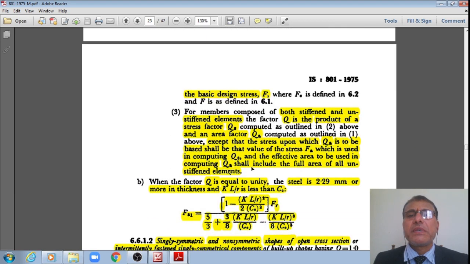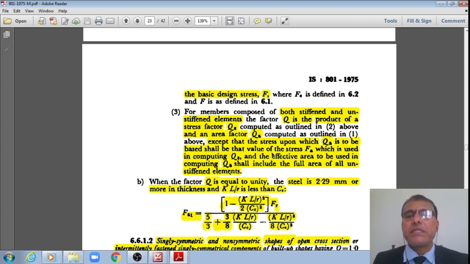Third, for members composed of both stiffened as well as unstiffened elements, the factor Q is the product of the stress factor QS, computed as given in the second subheading above, and the area factor QA, as given in the first subheading outlined above.